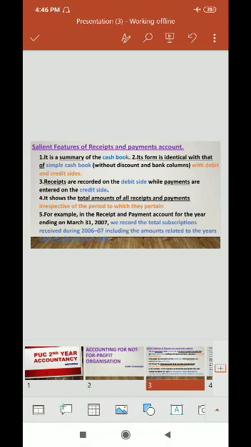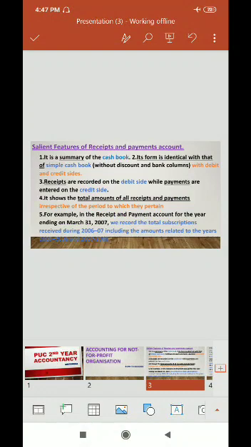Simple cash book means a cash book which does not contain discount and bank columns. As well as it is a ledger, it is going to have a debit and credit side. So what is the second point? Your receipts and payments account is simply identical to your simple cash book with debit and credit sides.